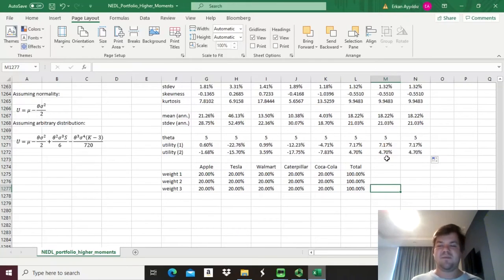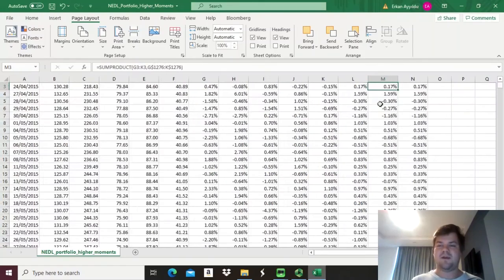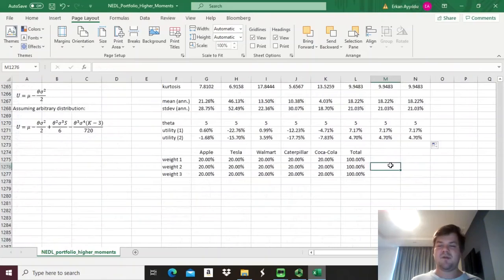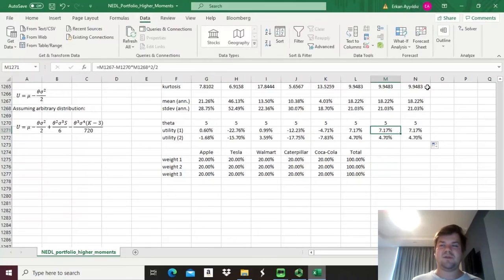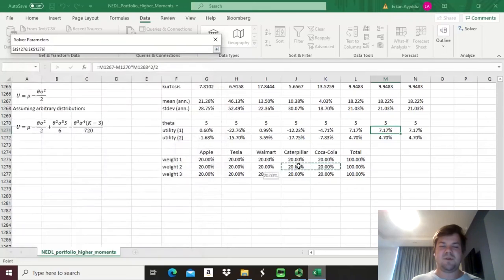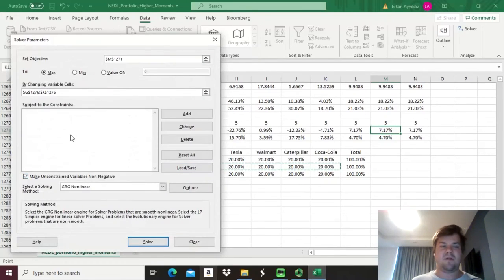In the case of the second portfolio, so over here, we will optimize the weights, so change them so that we obtain the maximum utility given normality possible. So to do that, we need to go to Data, Solver, set the objective, the utility function 1, to maximum by changing variable cells that correspond to the weights of the second portfolio, subject to the following constraints.